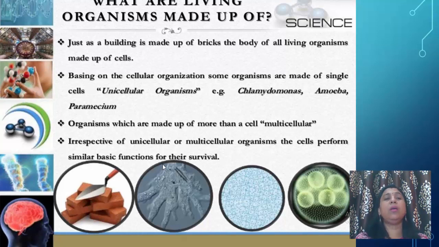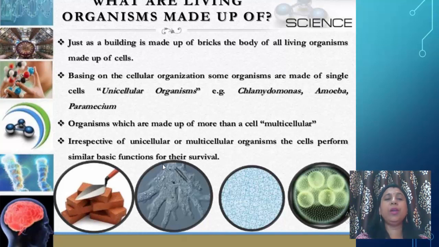Basing on the cellular organization, some organisms are made up of single cells and they are known as unicellular organisms. Examples are Chlamydomonas, amoeba, paramecium, trypanosoma, yeast. They all are unicellular organisms. And organisms which are made up of more than a cell are known as multicellular organisms.